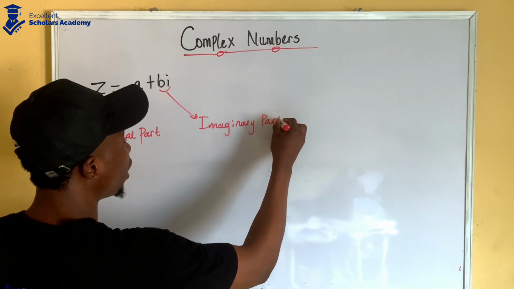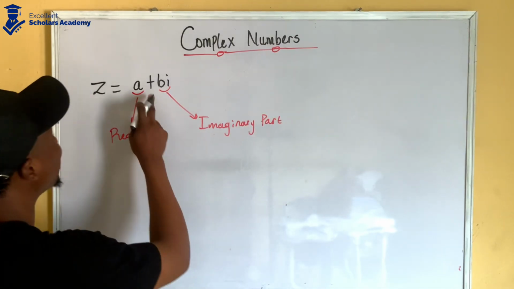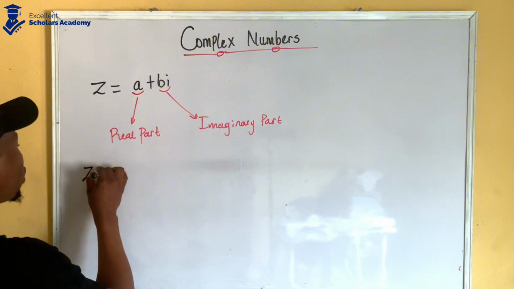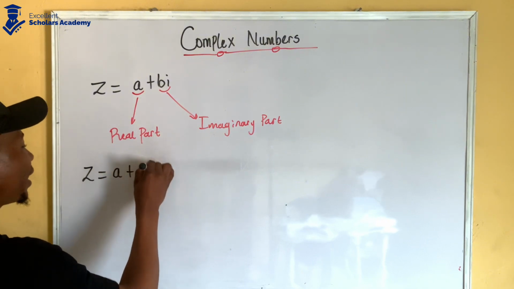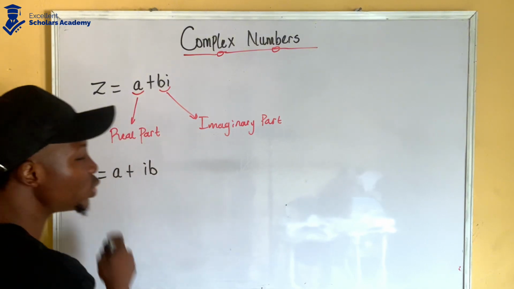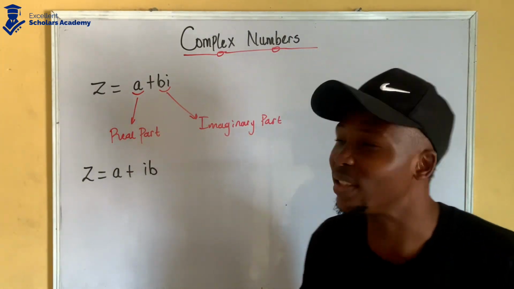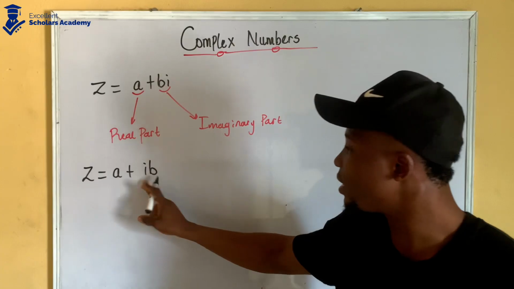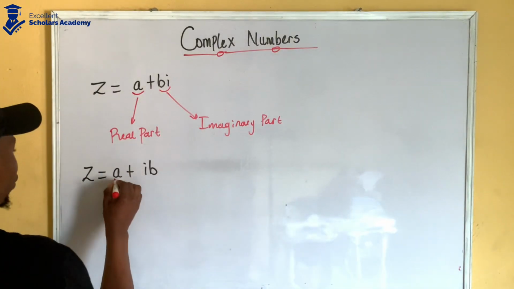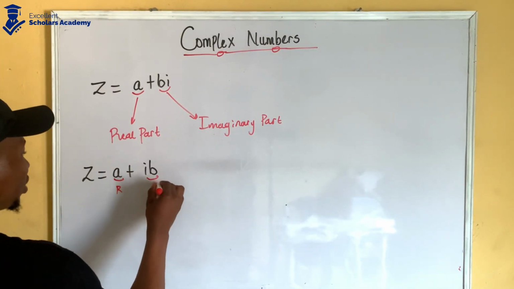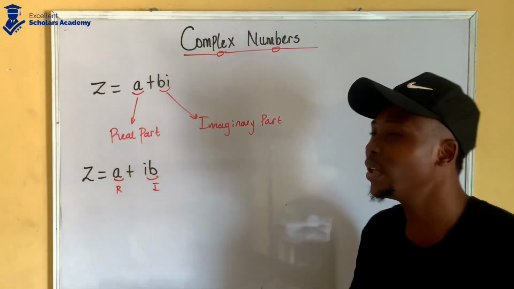Mind you, you can also write this as Z is equal to A plus IB. Any way you want to, either like this or like this, they are still saying the same thing. So this is the real part, while this is the imaginary part. Still the same thing.